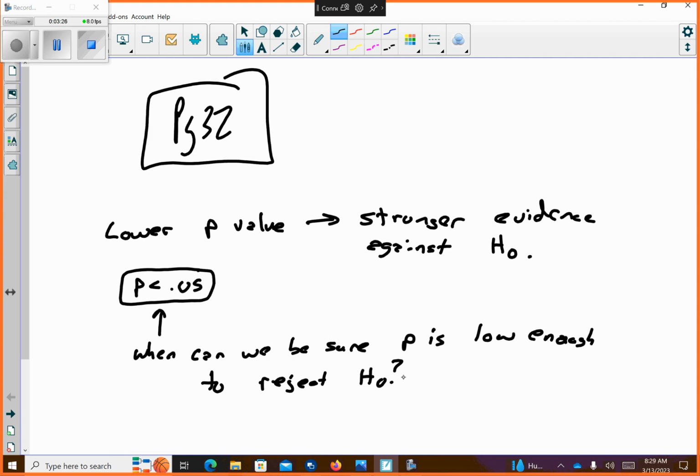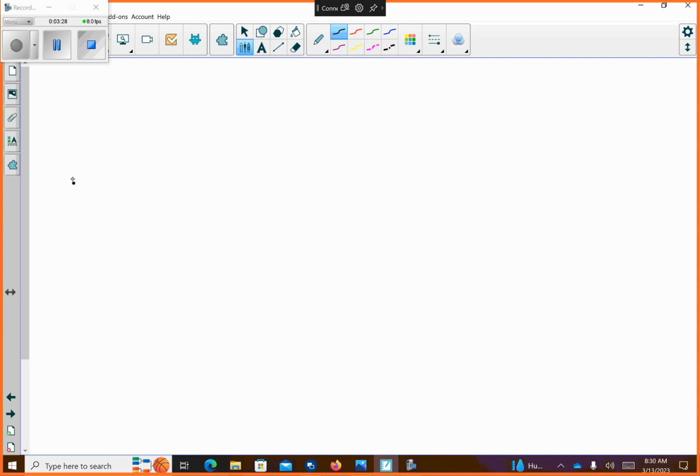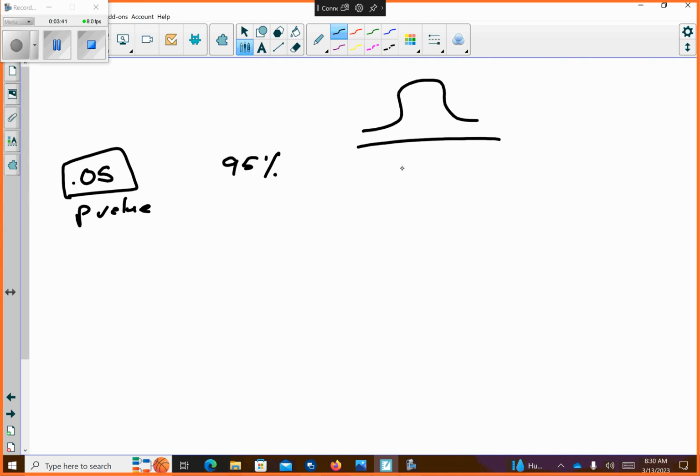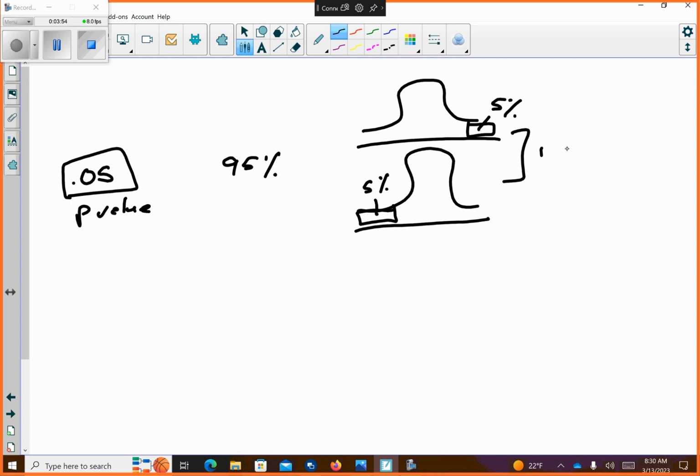So the basic understanding is, if I had 0.05 as my p-value, that means I had 95%, and I had already said this. If it was a one tail, you would have 5% here or 5% here. That would be for a one tail situation.